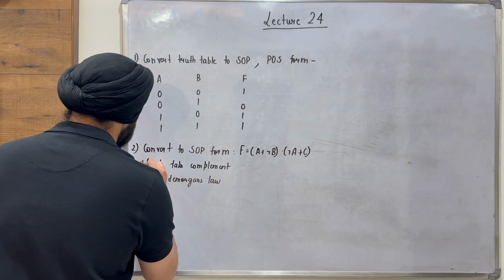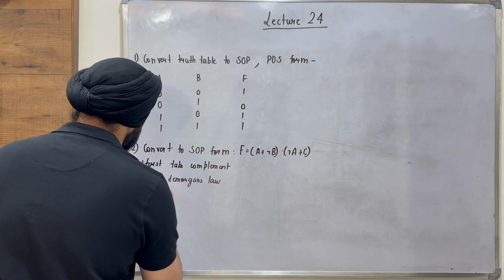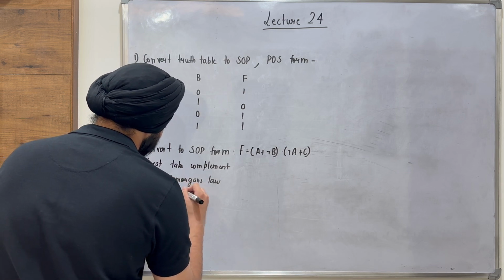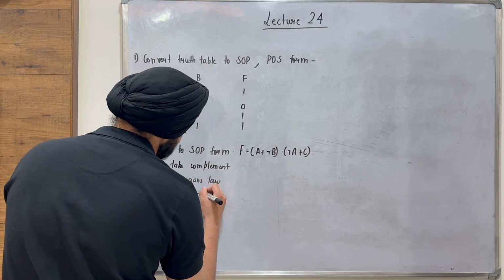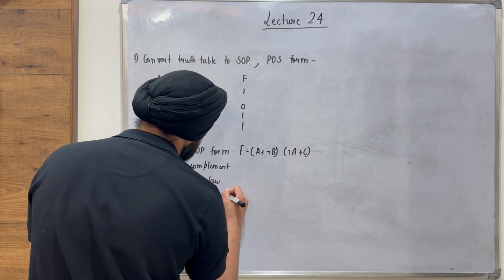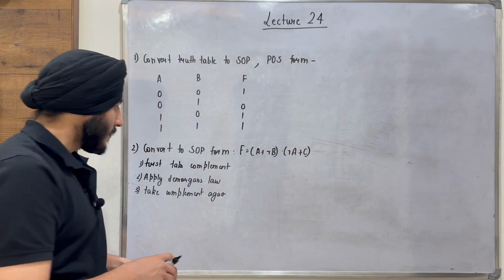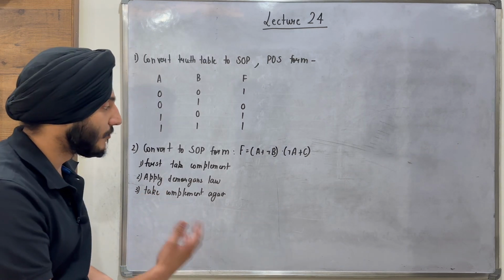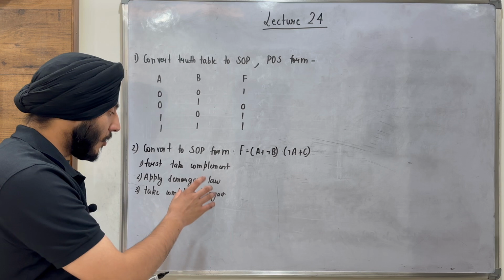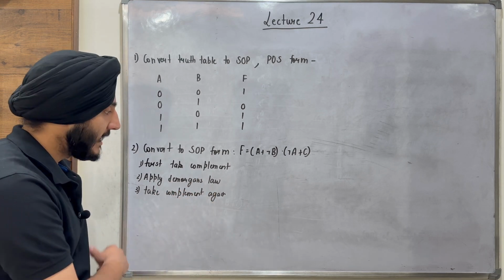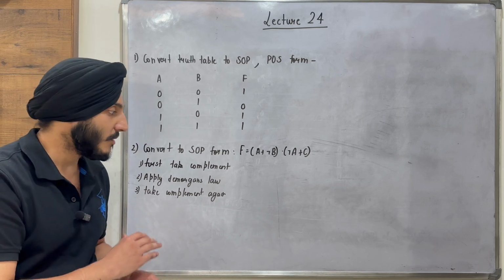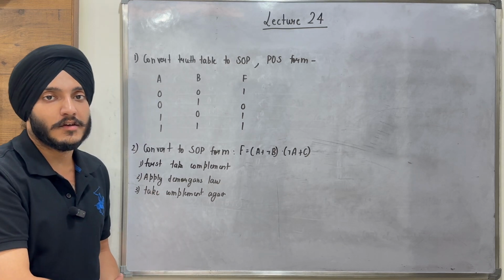Third, take the complement again, right? So this is going to be true for either converting POS to SOP form or SOP to the POS form. First, take the complement, apply the De Morgan's law, and then take the complement once again. And you can also verify maybe using the truth tables and the shortcut method whether it's true or not, right?